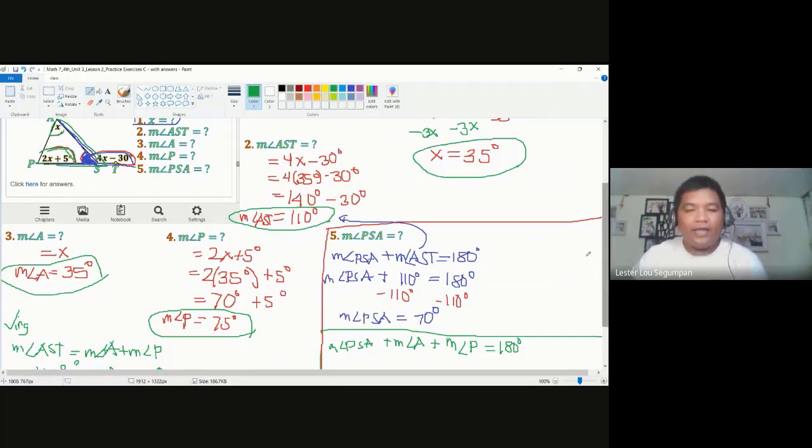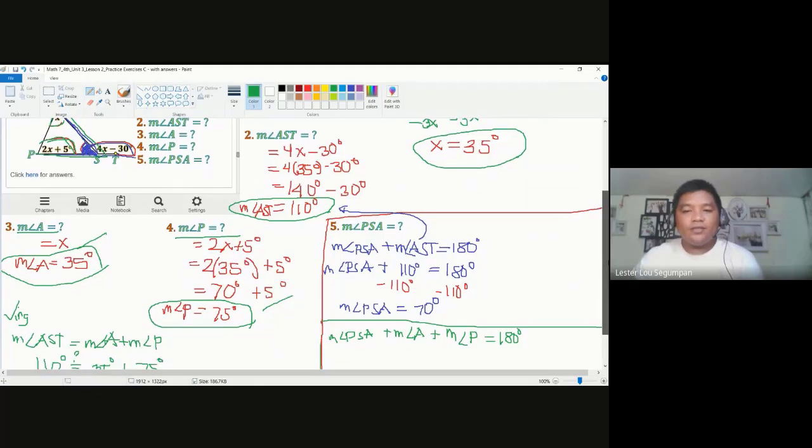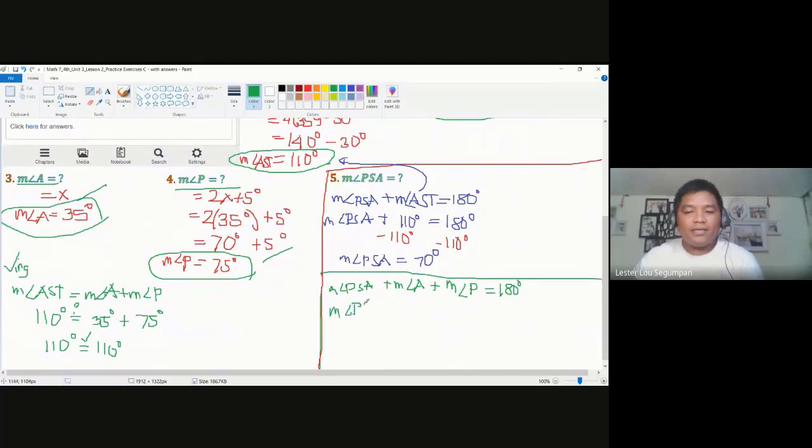Again, the reason why we check here before number 5 is to determine that number 3 and number 4, the measurement of angle A and the measurement of angle P, are all correct and ready to be substituted here. So the measurement of angle PSA plus the measurement of angle A, which is 35 degrees, plus the measurement of angle P, which is 75 degrees, they all must sum up to 180 degrees.